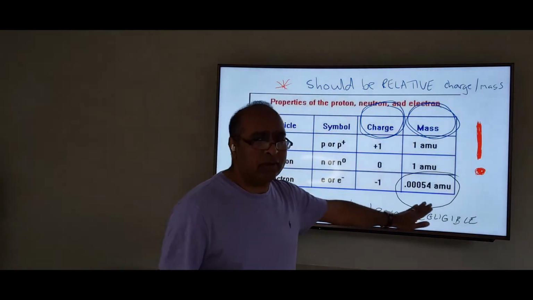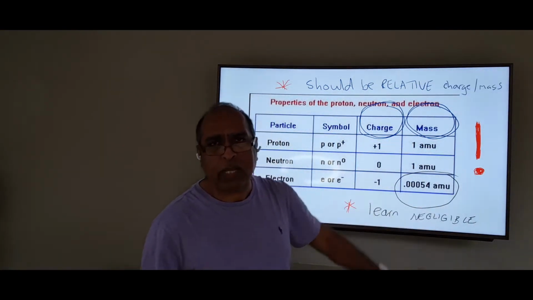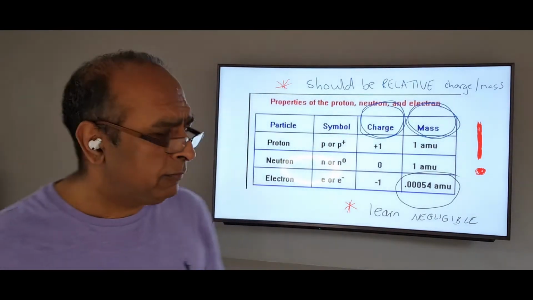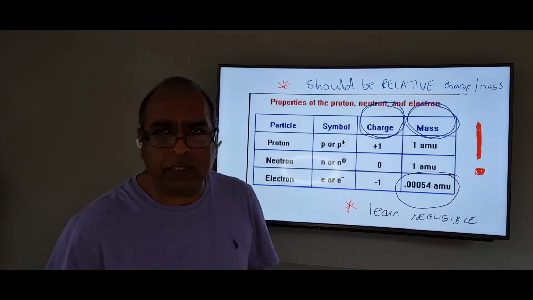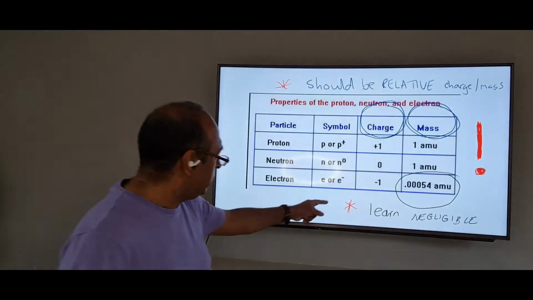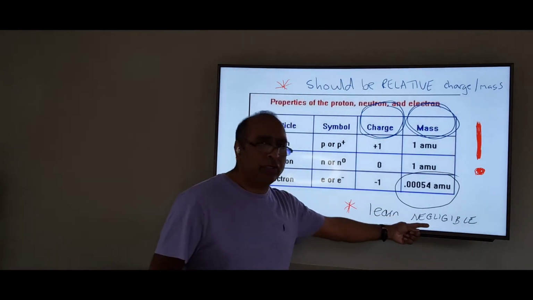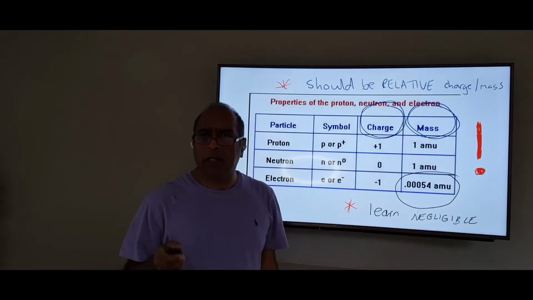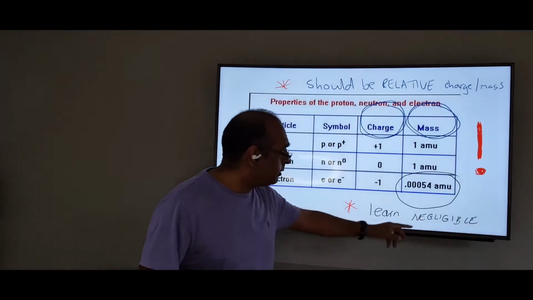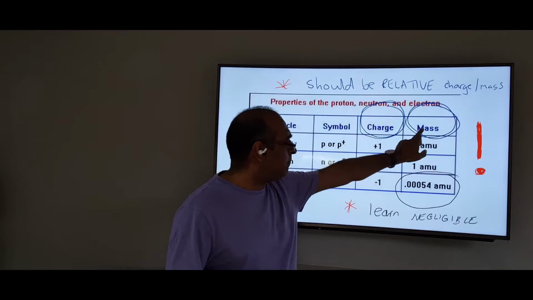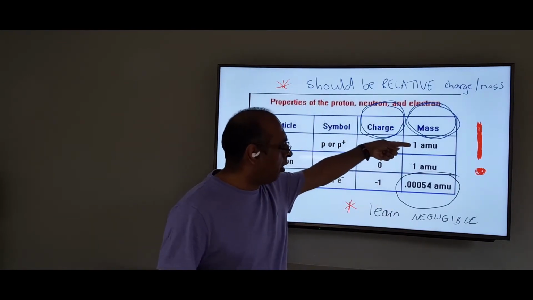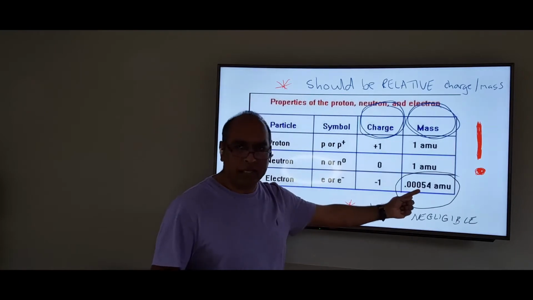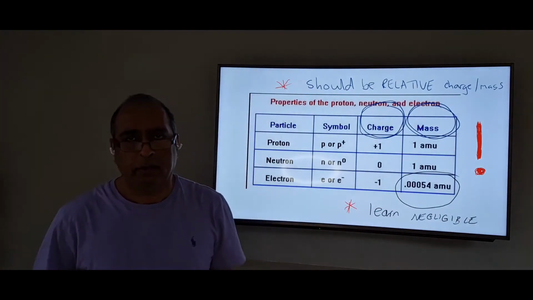And the mass of an electron, I really don't want you to learn that. It might be 0.00054 atomic mass units, but what I want you to learn is that the mass of an electron is negligible. So can you put relative charge there, relative mass there, and just put +1, 0, -1, and then 1, 1, negligible.